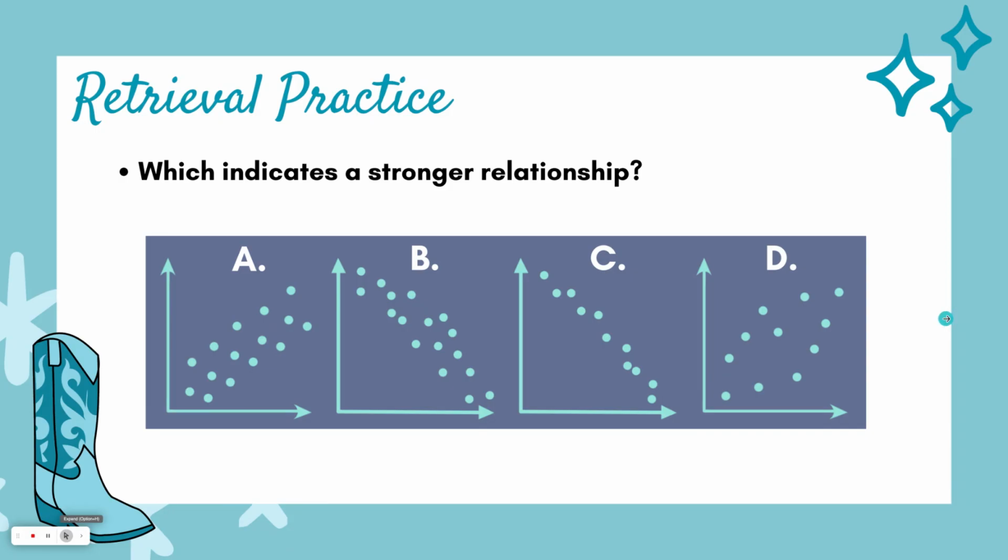Now let's do another retrieval practice using the scatter plots. So, which do you think indicates a stronger relationship? Is it scatter plot A, B, C, or D? Go ahead and select.